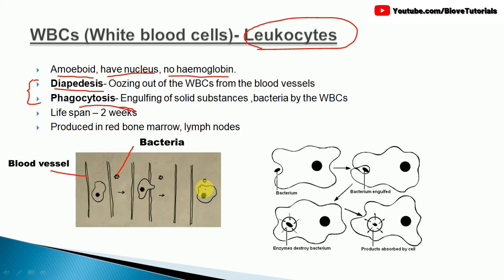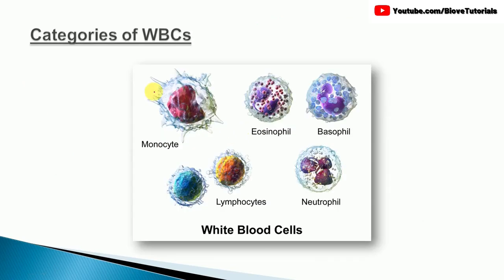Here you can see this is the bacterium and this is the WBC. It will engulf this bacterium and destroy it. Now the lifespan of WBC is 2 weeks and they are also produced in the red bone marrow and lymph nodes.